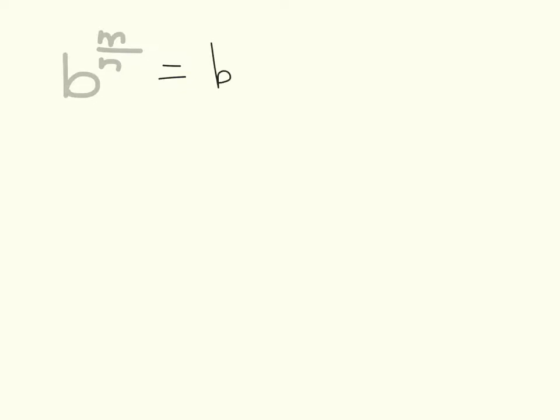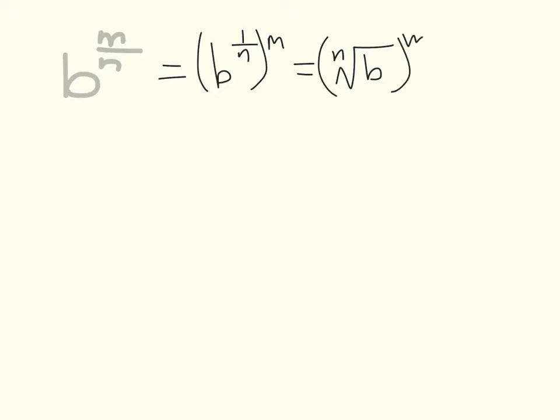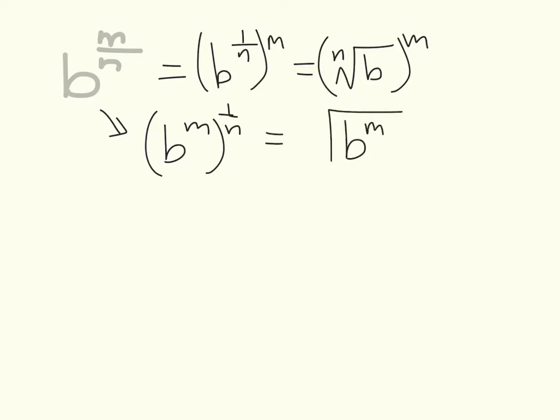I can say that it is b to the power of 1 over n multiplied by m, and that gives me the nth root of b to the power of m. That's one way. I can also think of it as b to the power of m multiplied by 1 over n. That means you take the nth root of b to the power of m.